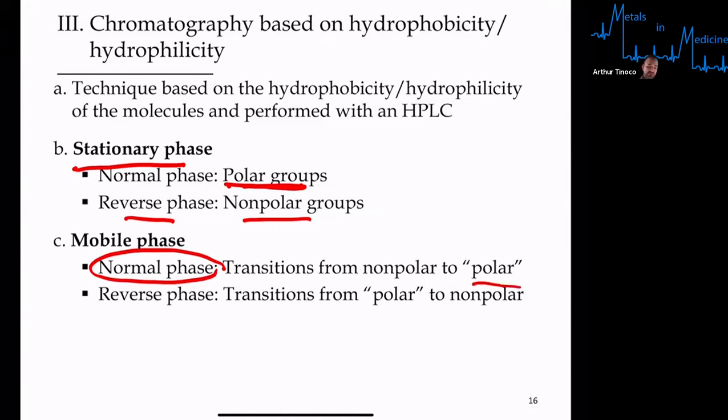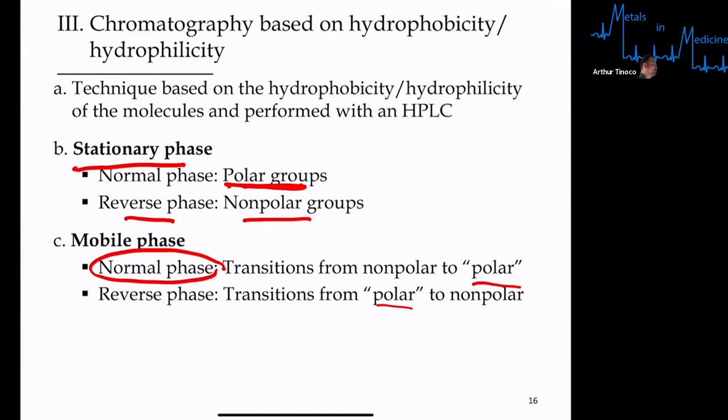You see, I put these in quotes because the reality is that this type of chromatography is based on the relative polarity. Oftentimes you may be trying to separate things that are really probably non-polar, but the extent of that non-polar is what we're trying to separate. That's why I put this in quotations, because it isn't always as clear-cut as non-polar separated from polar. It's sometimes a little bit more subtle than that.